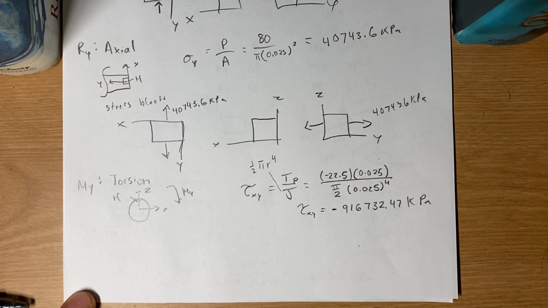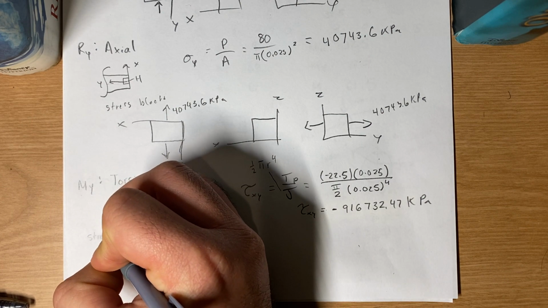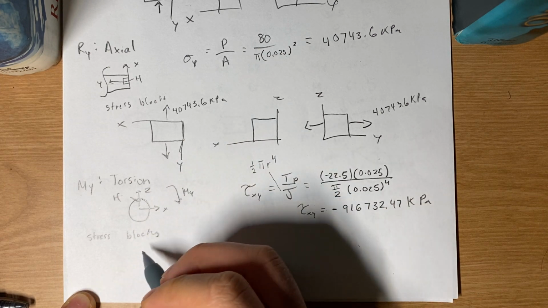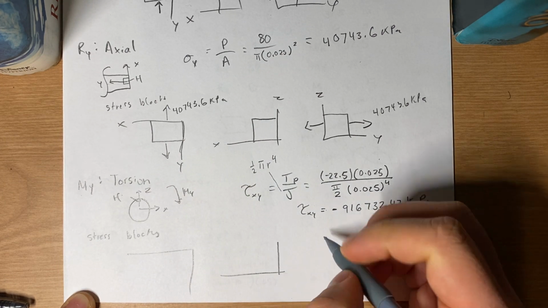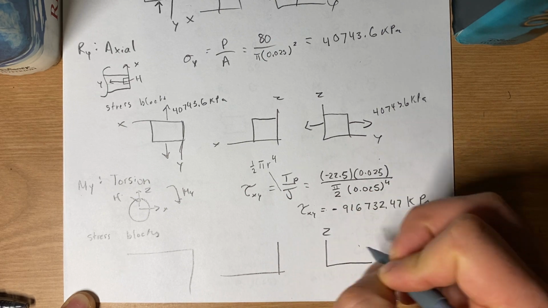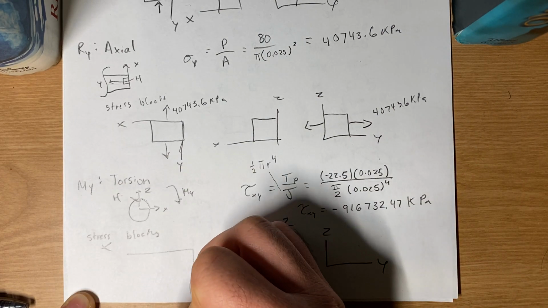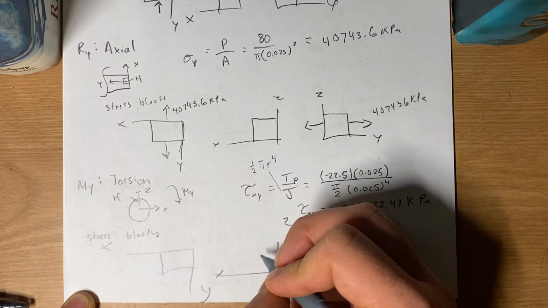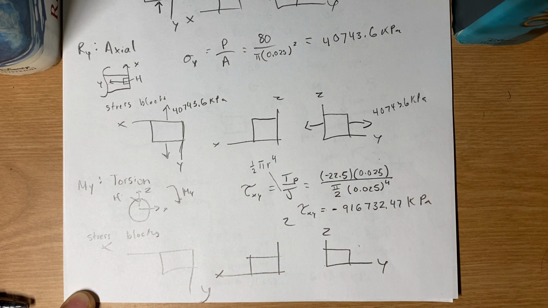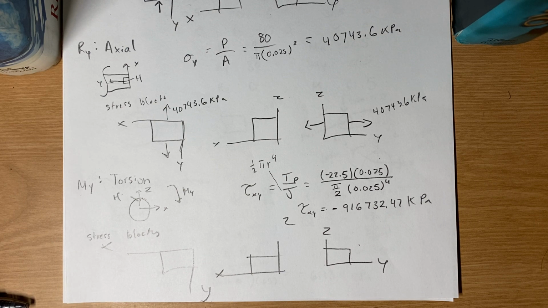So I want to draw my stress blocks, like how we've always been doing. So Z, Y, Z, X, X, Y. And then, for torsion, how I picture this is, we have to imagine this is elastic.